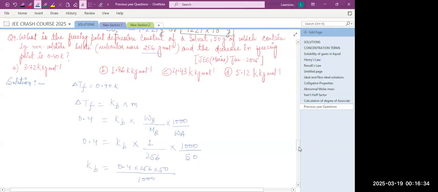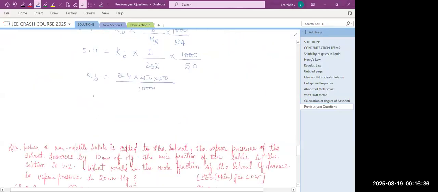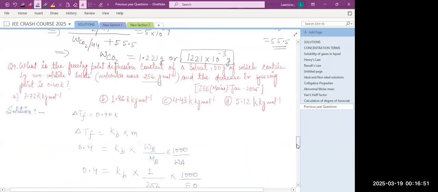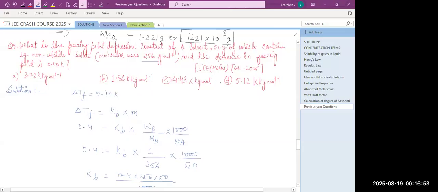When you calculate this equation, you will get the freezing point depression constant to be 5.12, right? So which option is correct? Option D will be correct.